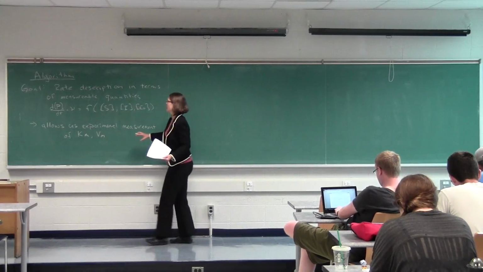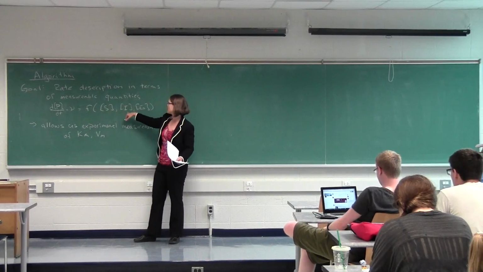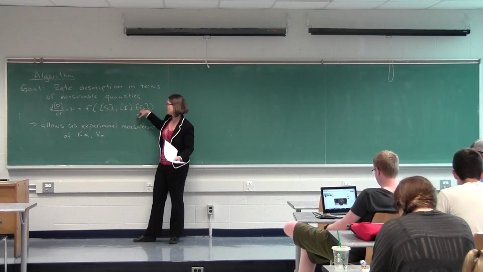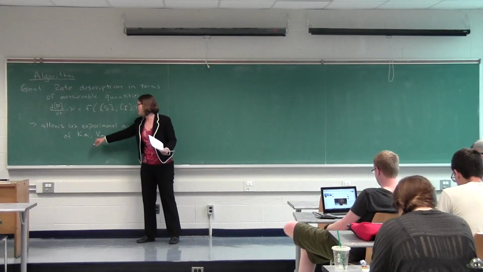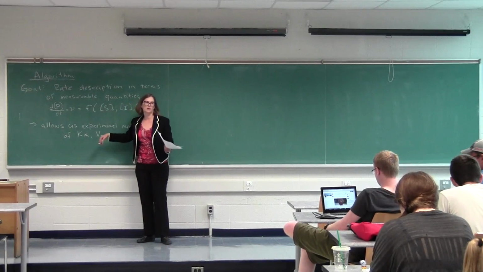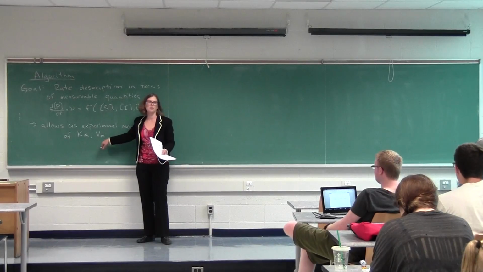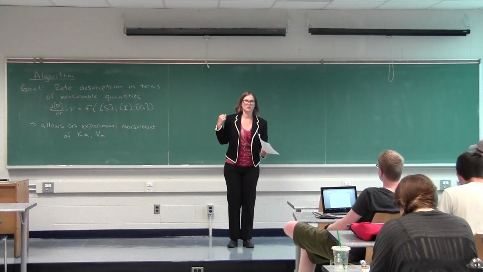So the model tells us what the rate is in terms of a changing substrate concentration, inhibitor concentration, and an initial enzyme concentration. And we can do experimental measurements that then allow us to determine what our Km or Km prime or Km double prime or Km apparent and Vm or Vm apparent are in terms of all of those measurable quantities.